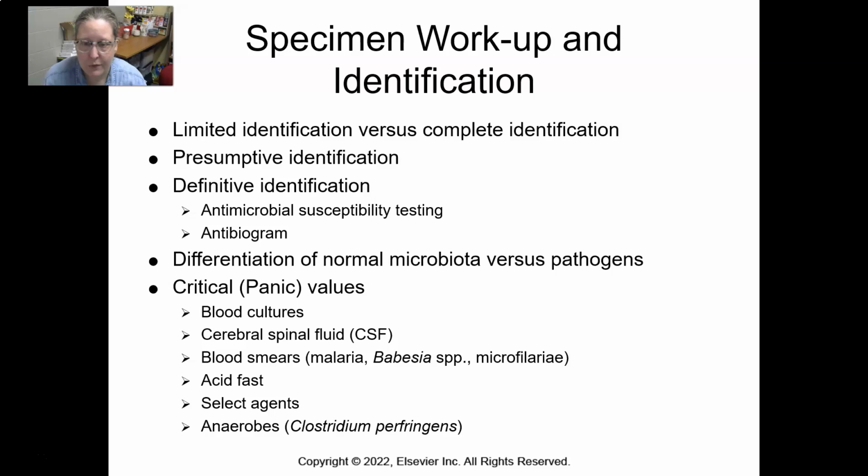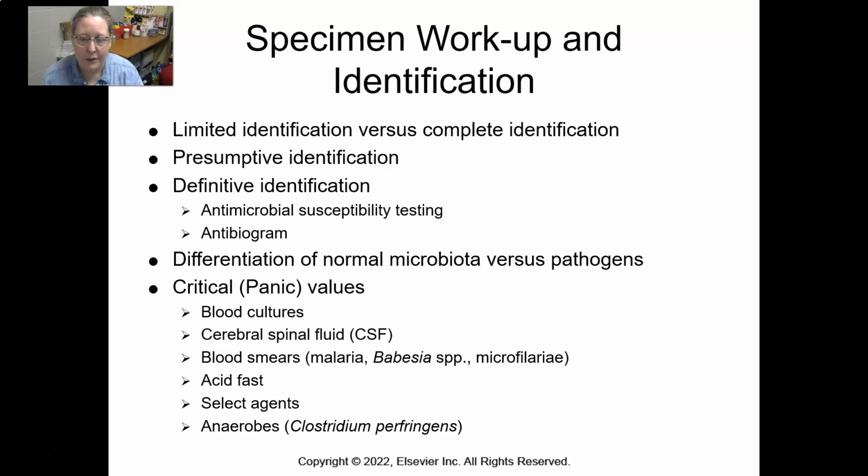We have to be able to differentiate normal microbiota versus a pathogen, because there are some places where there is normal microbiota and you expect to see it. And then also be aware of any critical or panic values. For example, any organism in the blood culture is a critical panic value. Any organisms in the spinal fluid.